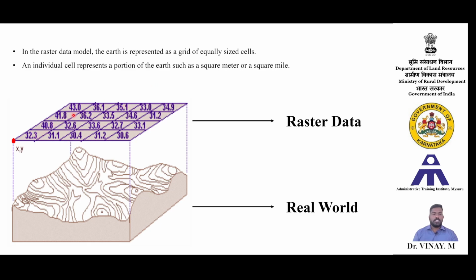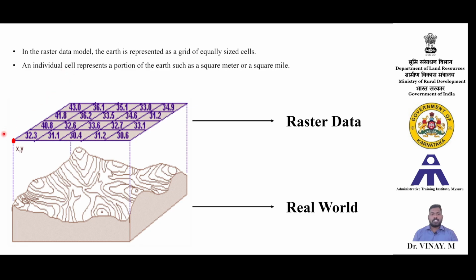When there is continuity, those variables are called continuous data sets, like temperature, humidity, rainfall, and the elevation, the height of the landform above the mean sea level. It is continuous. And even below the mean sea level, the depth of the ocean floors, these can be represented with the help of raster data sets.